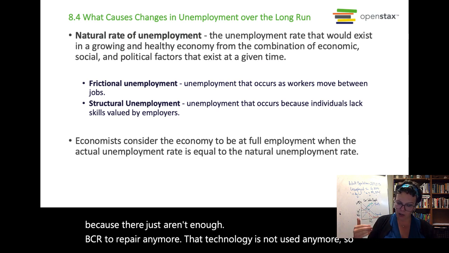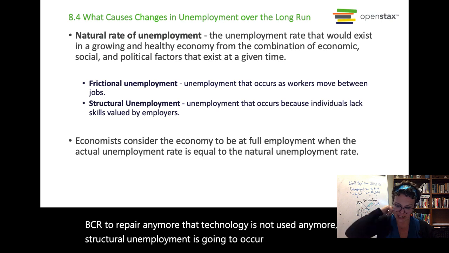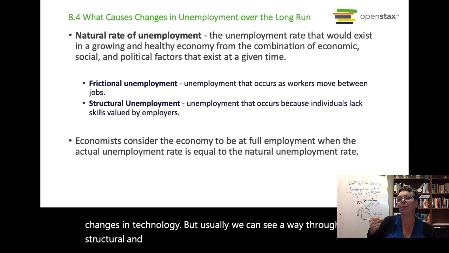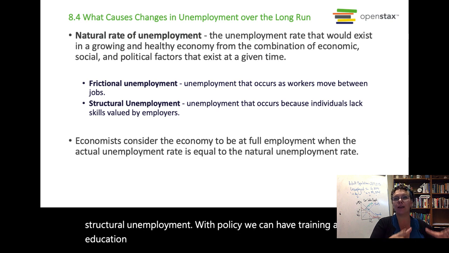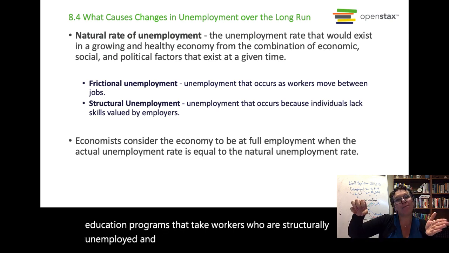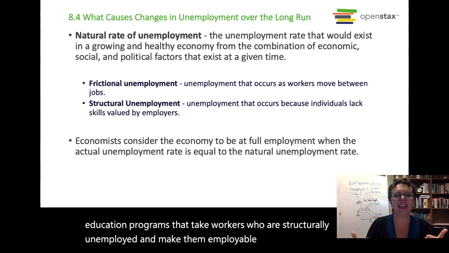So structural unemployment is going to occur when there are changes in technology. But usually we can see a way through structural unemployment with policy. We can have training and education programs that take workers who are structurally unemployed and make them employable. And so there's a solution to that.